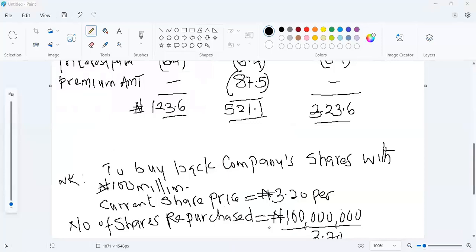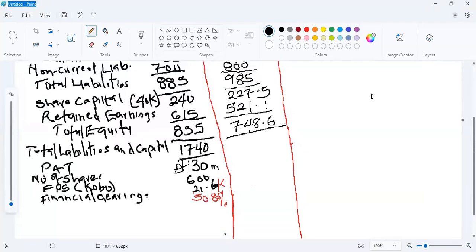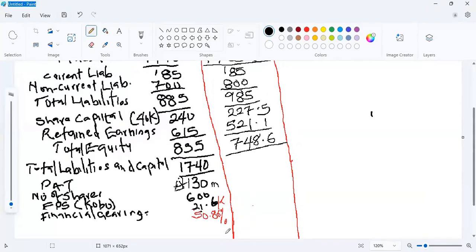Sorry, we need to total liability and the capital. Yes, we need to add these two. Total liability 985 plus total shareholders' capital 748.6. What do you have? 1,733.6.